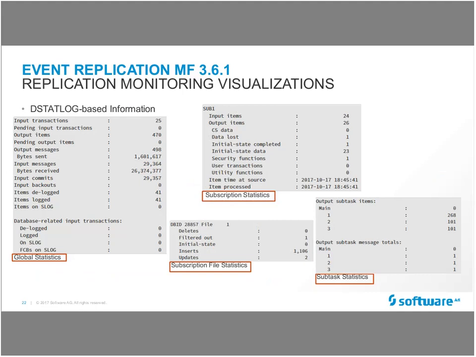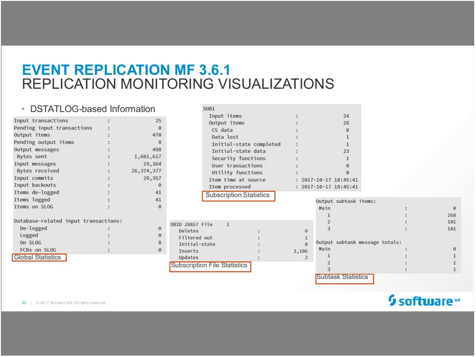Here just a few pieces of information, because we have quite a lot of data available where you can create your own visualizations, your own reports in terms of review. Just here a few global statistics, what we bring out. For subscriptions, we have statistics. For subscription files, we have statistics, things we do, whether in initial state or inserts or updates.